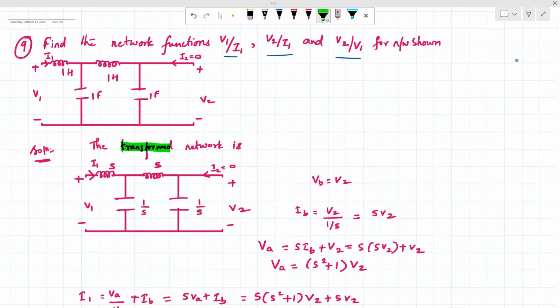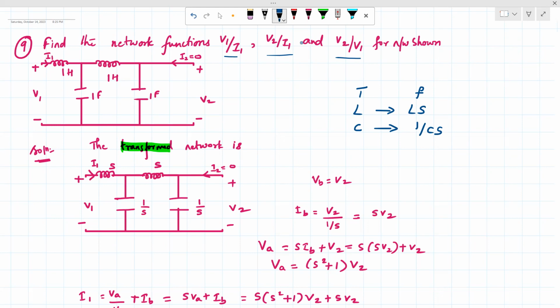Inductance in time domain can be replaced by Ls in frequency domain, and capacitor can be replaced by 1 by Cs in frequency domain.